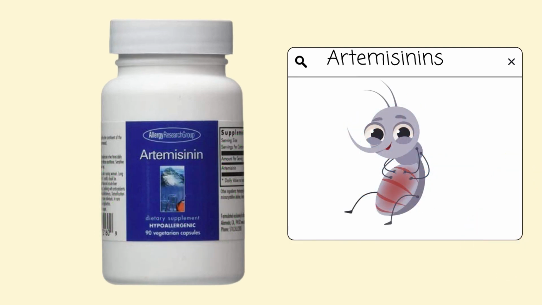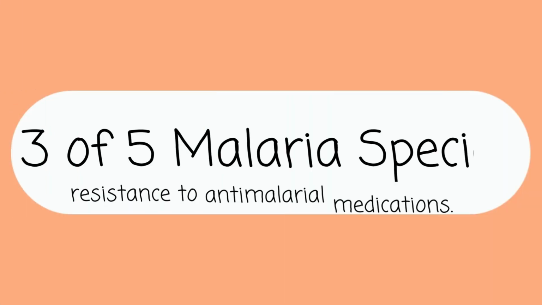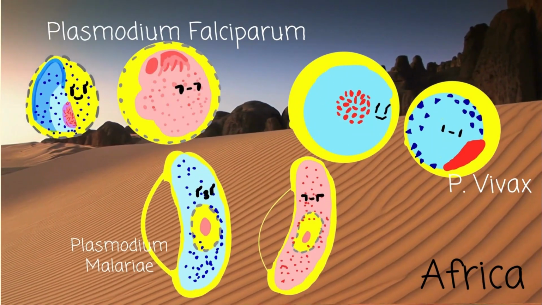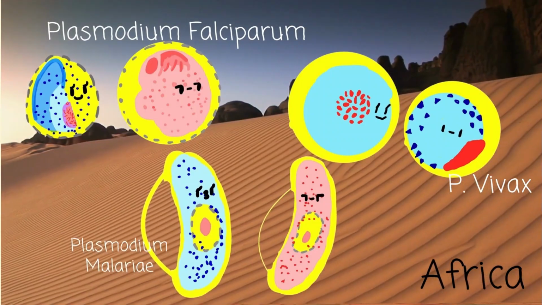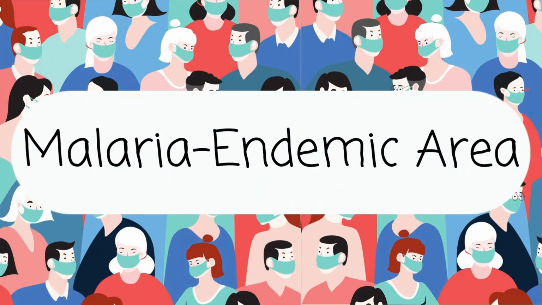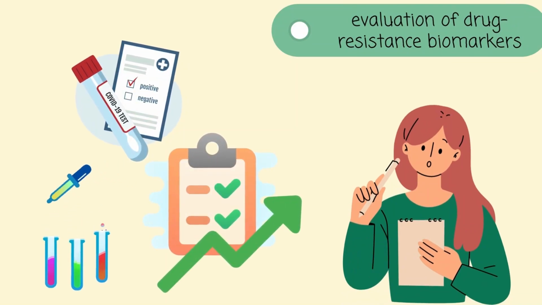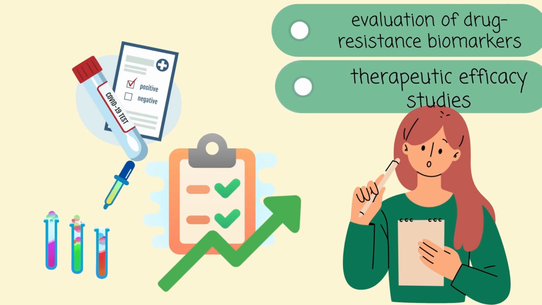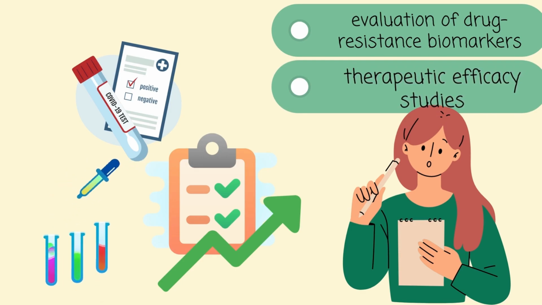This poses a danger to the control and elimination of malaria. 3 of the 5 malaria species that infect humans, Plasmodium falciparum, P. vivax, and Plasmodium malariae, have been shown to be resistant to anti-malarial medications. In malaria endemic areas, evaluation of drug resistance biomarkers and therapeutic efficacy studies would help to identify the resistant parasite and to comprehend the level and extent of resistance specific to a given population.